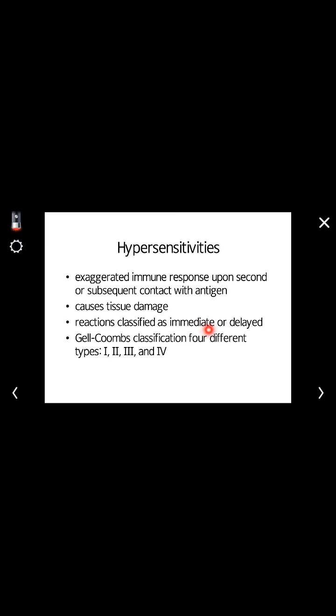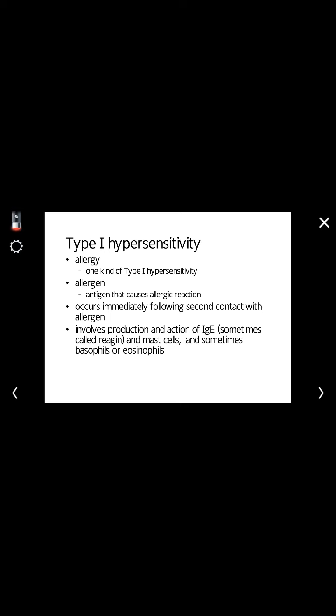Reactions are classified as immediate or delayed. And the Gell-Coombs classification gives 4 different types: 1, 2, 3, and 4. Type 1 hypersensitivity, or like an allergy. One kind of type 1 hypersensitivity: an allergen, antigens that cause allergic reactions, occurs immediately following second contact with the allergen.